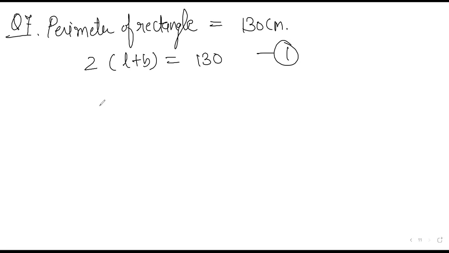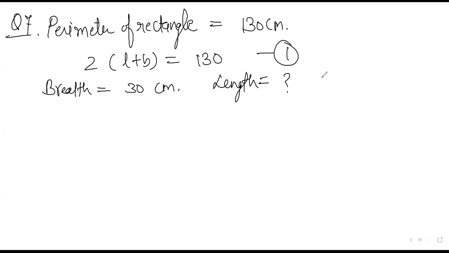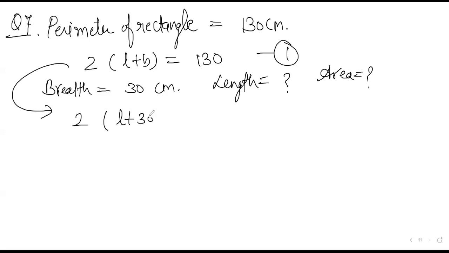The breadth of the rectangle is given as 30 centimeters, and we have to find the length as well as the area. So put down the values: 2(L plus 30) is equal to 130.